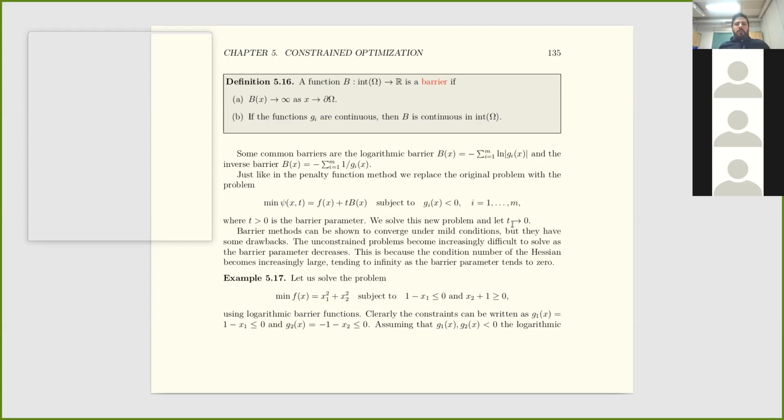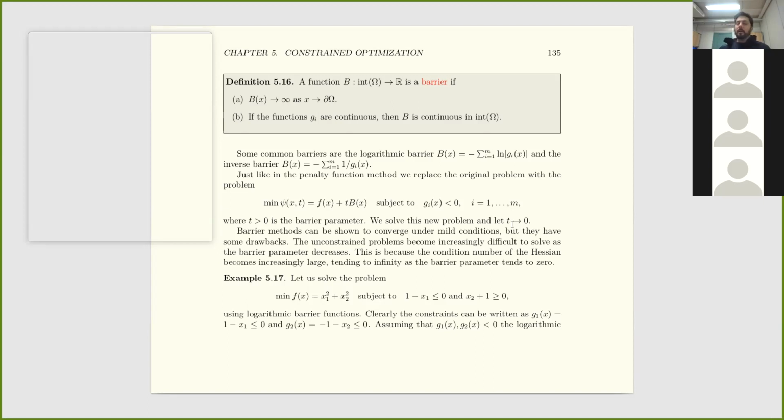Let's say that we have just one G function, which in the interior is smaller than 0, and at the boundary G of x is 0. Then if we take minus 1 over G of x, that approaches infinity as x approaches the point where G of x is 0. So this is what a barrier function might look like.